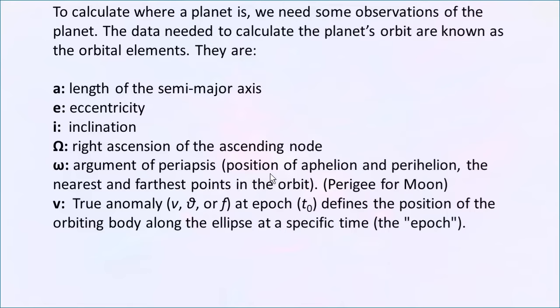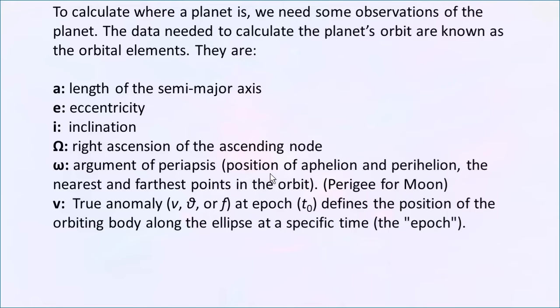Now, a little more detail about how this works. To calculate where a planet is, you need to know 6 things about the way that planet travels. If you know those 6 things, you can apply Kepler's laws of motion and get the position. Got it?